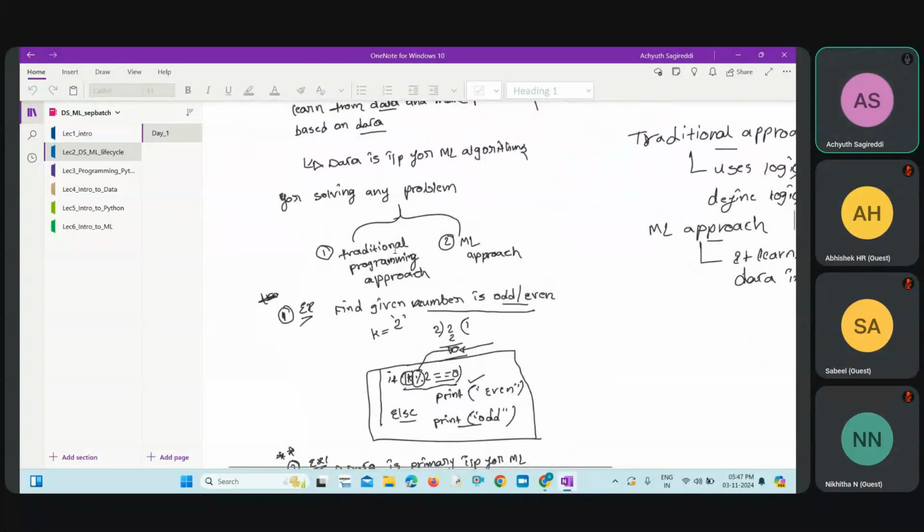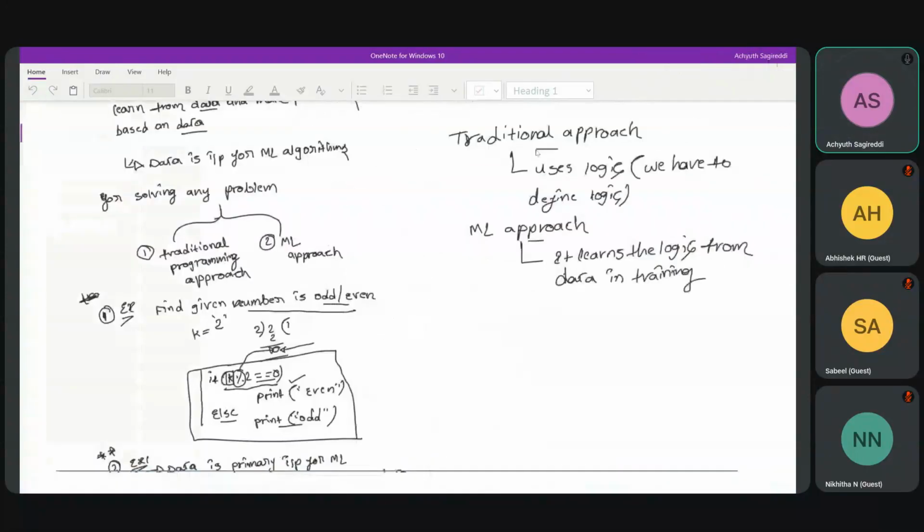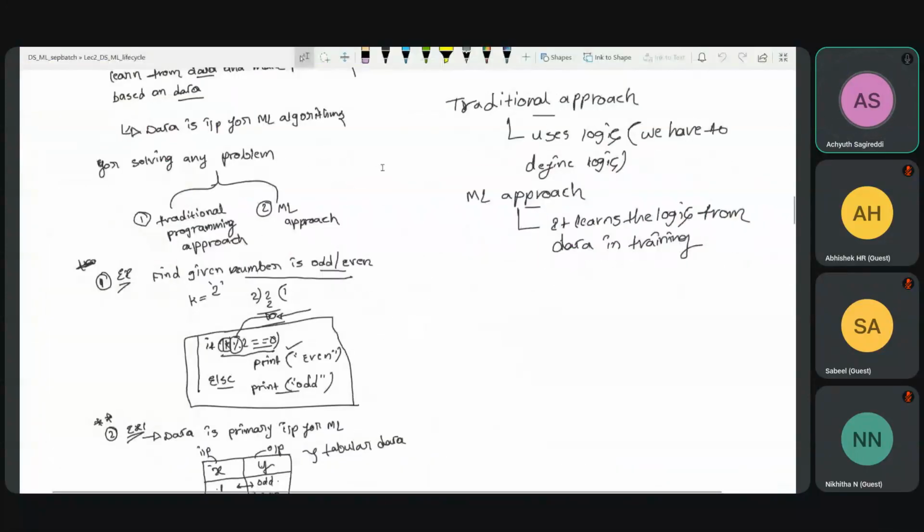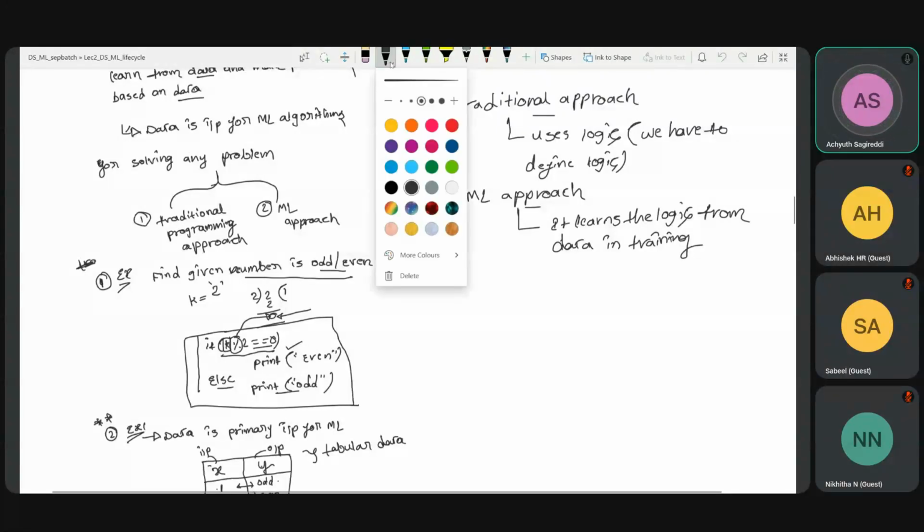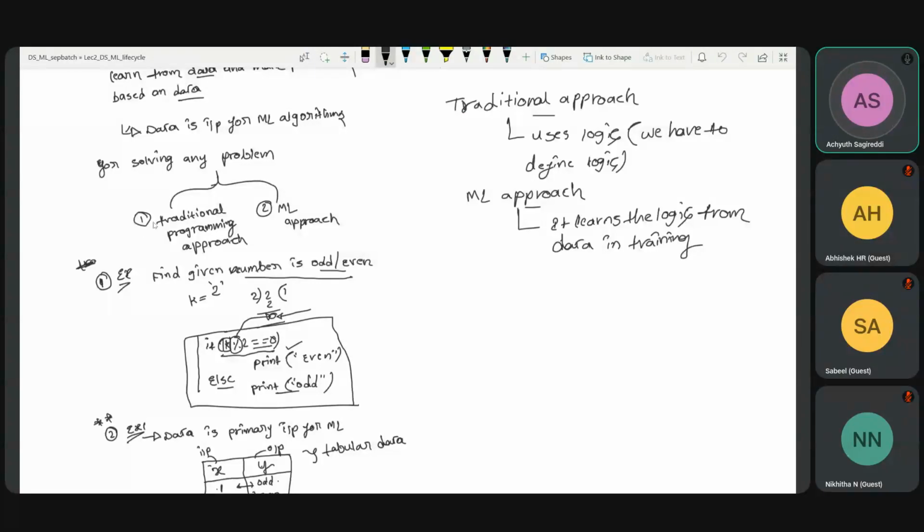Yeah, we have seen this previously, right? So data is the main input for machine learning algorithms. For solving any problem, we have two approaches. One is the traditional approach, another is the machine learning approach.